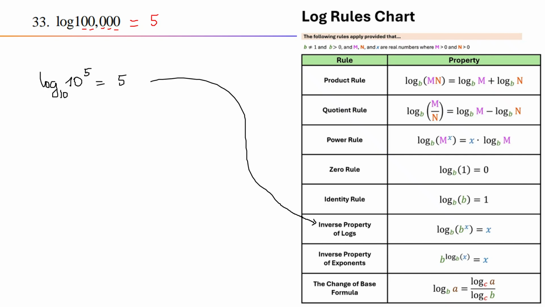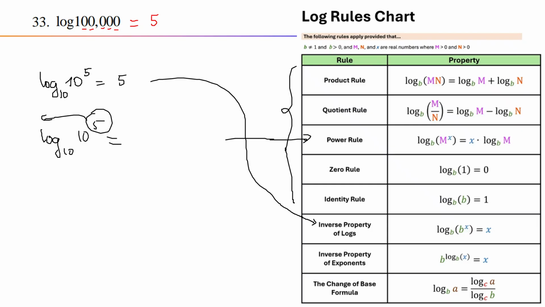But even if you don't know about that inverse property of log, you can use just the first formula to solve for it, just like I explained. So we have the log base 10 of 10 to the power of 5. We move it in the front because we use the power rule.